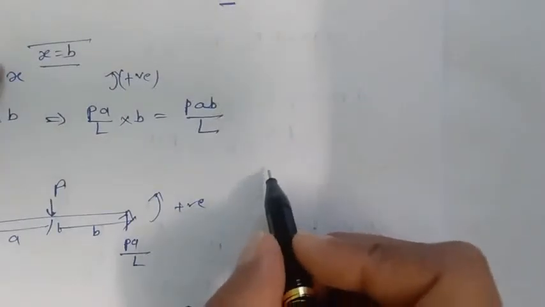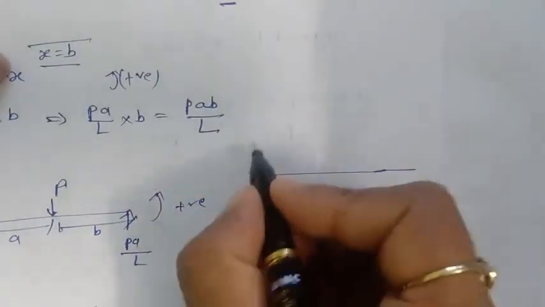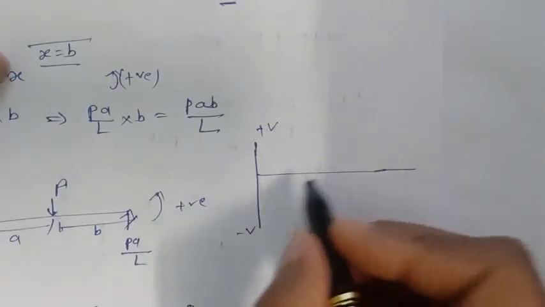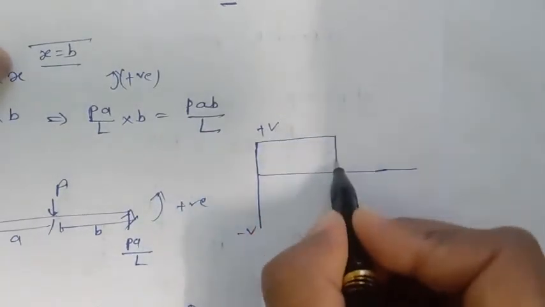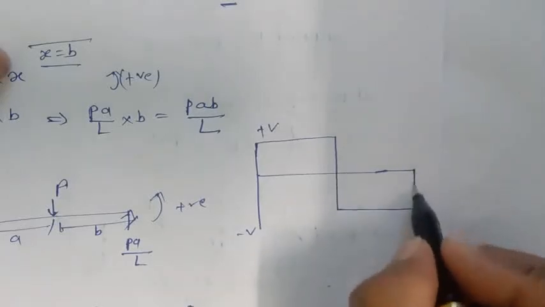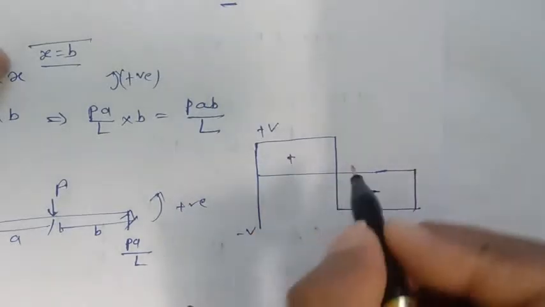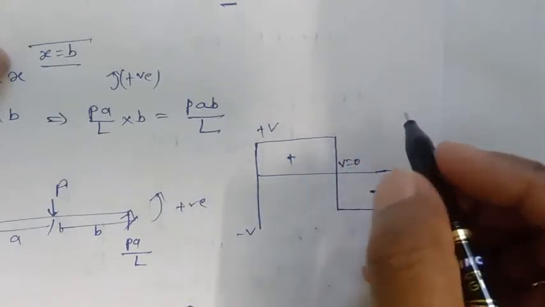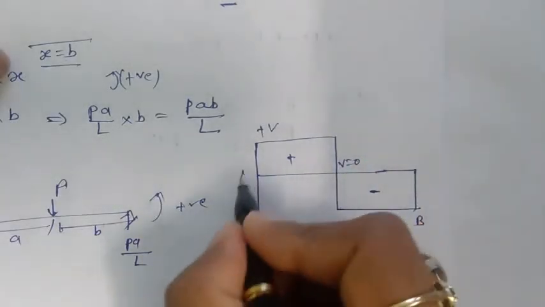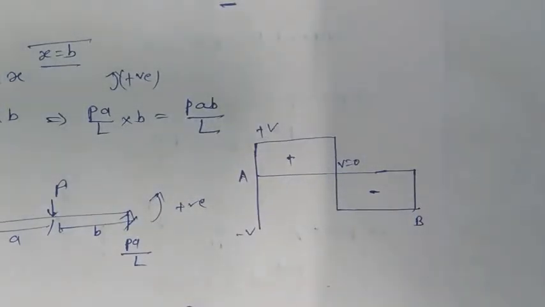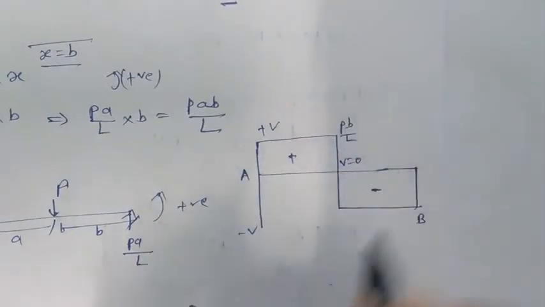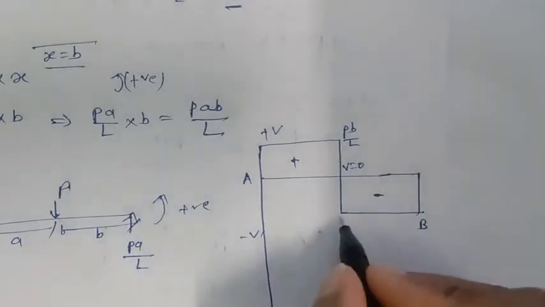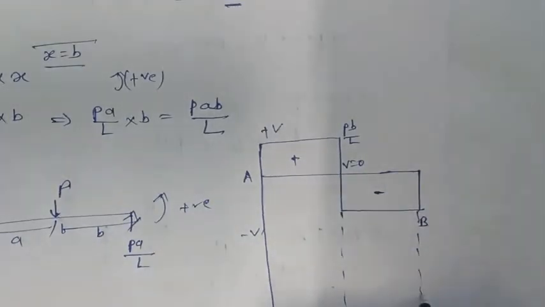So how to draw this bending moment diagram? We know the shear force diagram which we have already drawn, with positive shear force and negative shear force. Earlier we have drawn this, the negative and positive shear force equal to 0 at point A, and this value was PB by L. Similarly, I draw this bending moment diagram by extending these points.